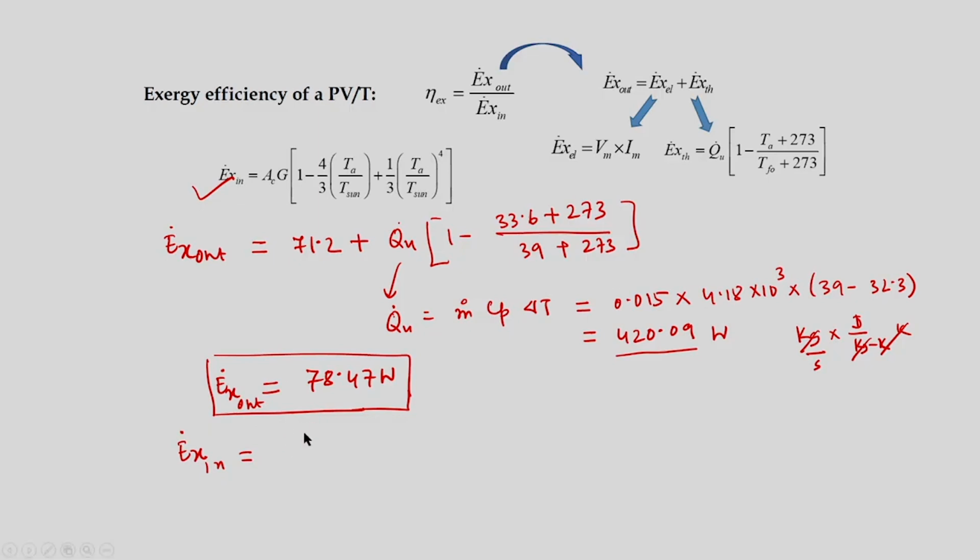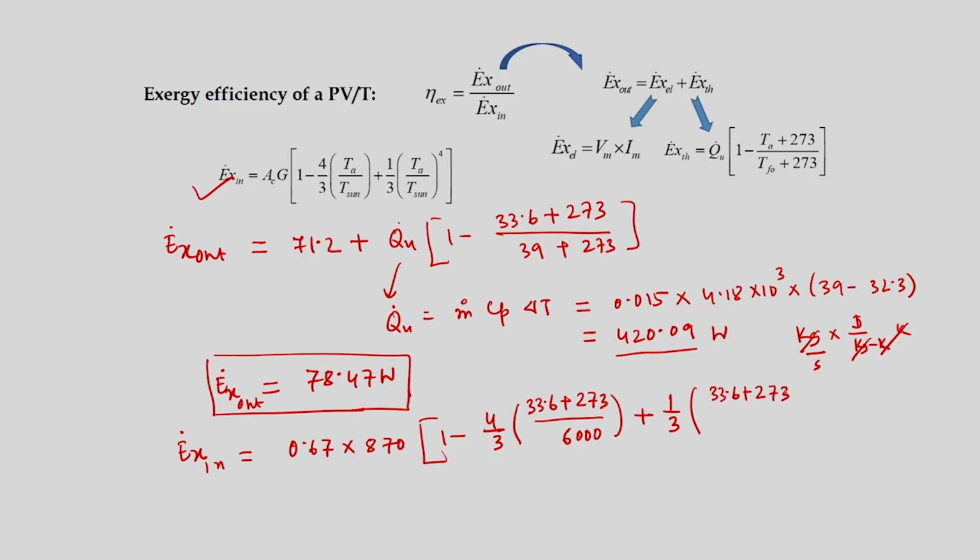So, Ac is 0.67, G is 870, then we have 1 minus 4 by 3, then Ta is 33.6 plus 273 divided by 6000, plus 1 by 3 multiplied by Ta, again 33.6 plus 273, divided by 6000.